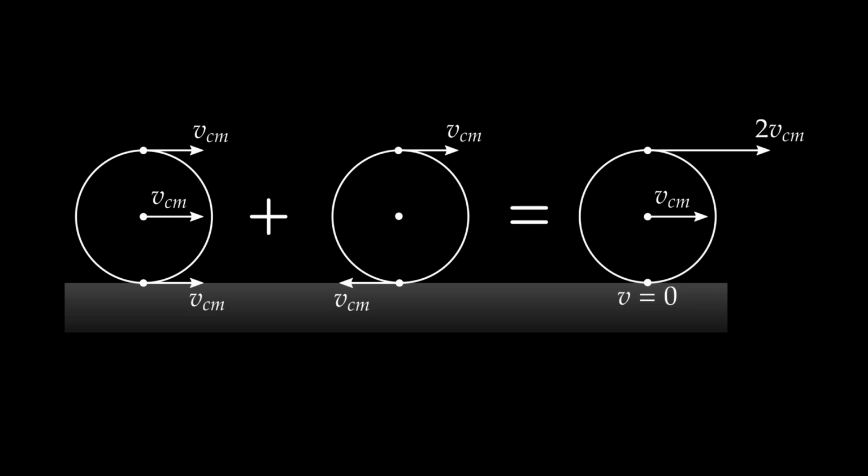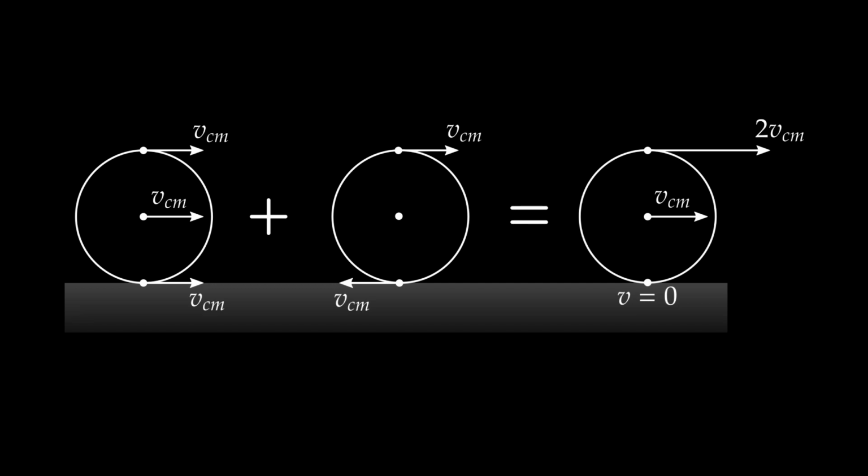That is, I was making the assumption of rolling without slipping before I had actually explained the nature of rolling without slipping. If an object is skidding, then the center of mass velocity and the tangential velocity are not the same, and so this assertion is invalid.